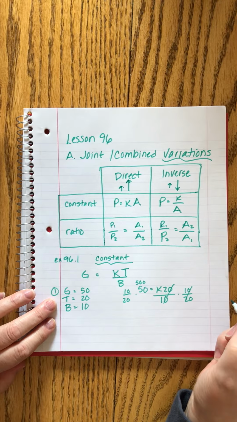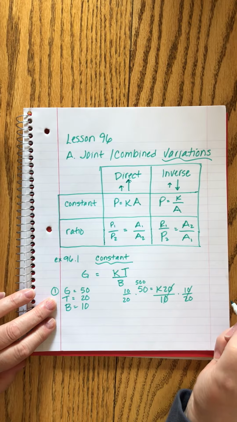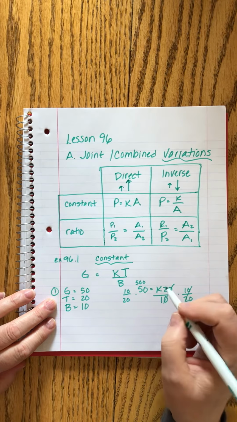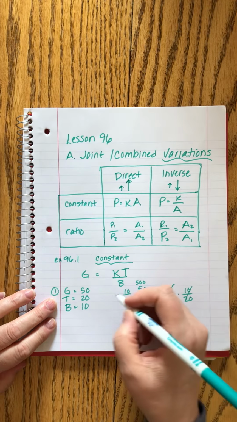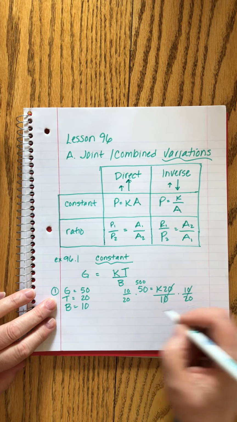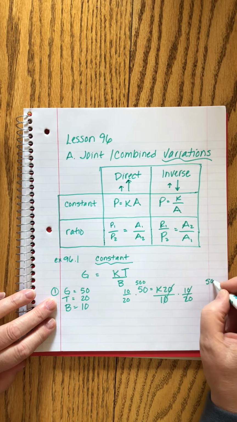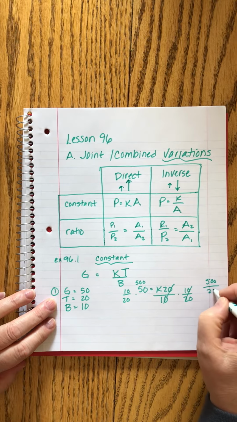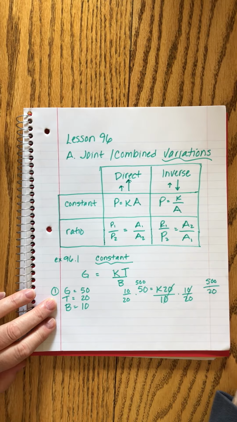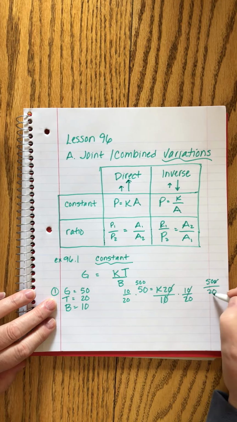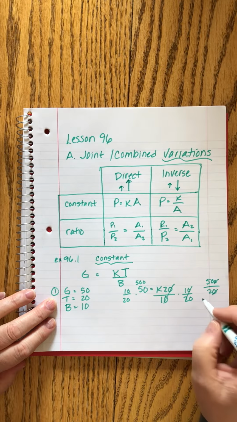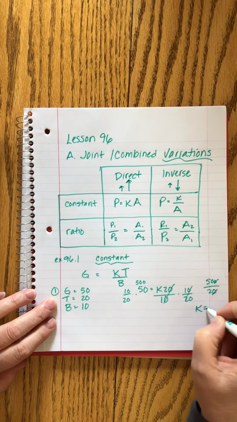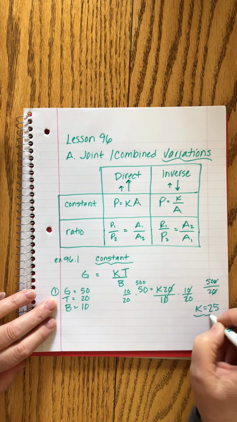And 500 on top, so then I'll do it here. 500 divided by 20 is the same as 50 divided by 2, so k equals 25.